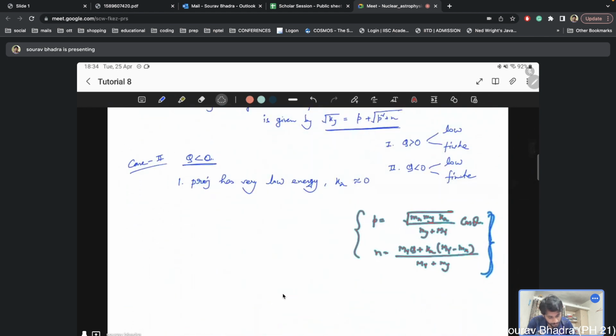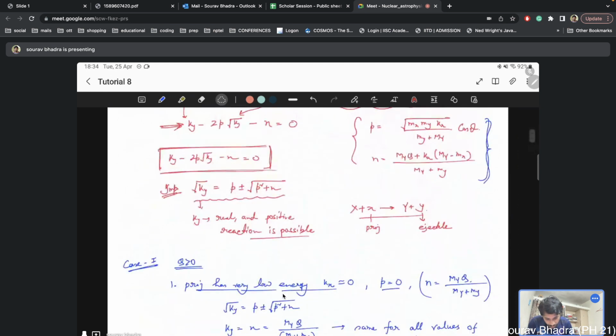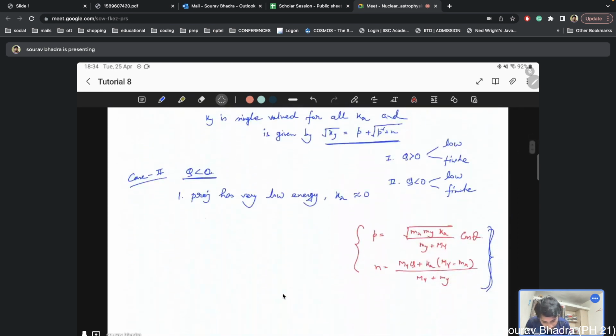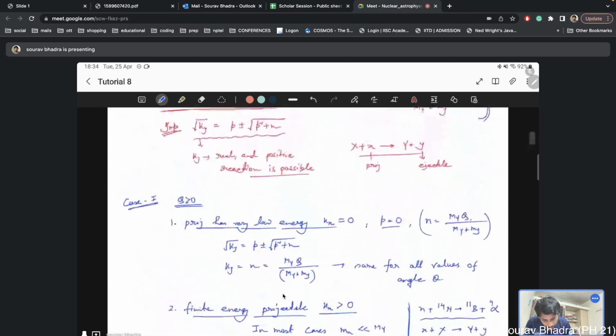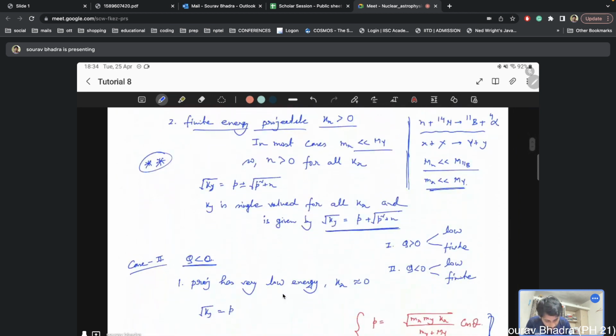Here just consider that we have taken q less than 0. Our equation, root over ky equals p plus minus root of p square plus n.